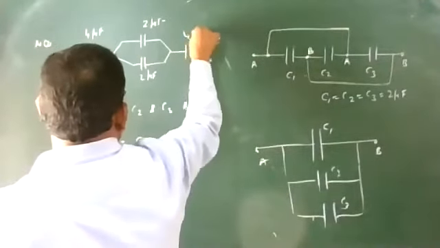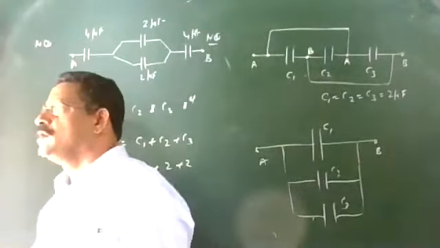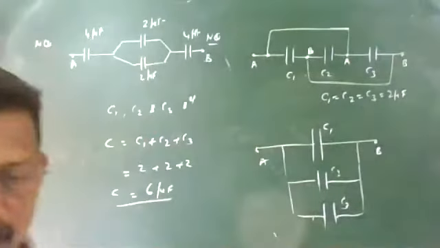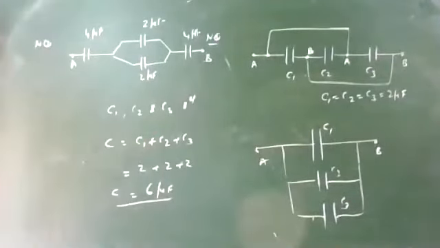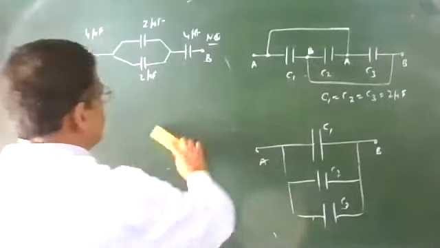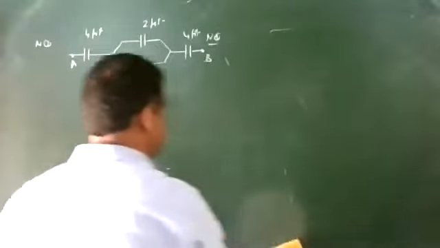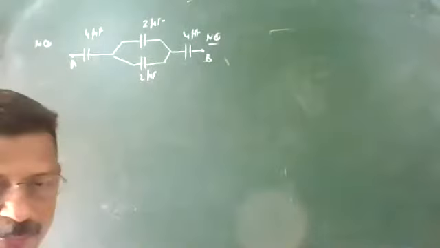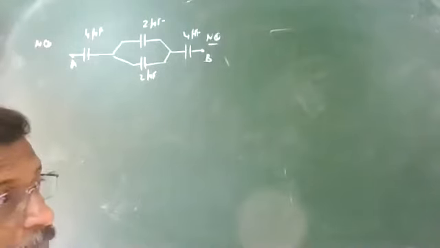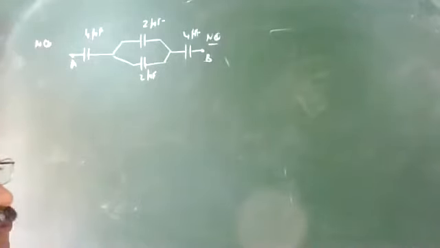You have to travel from A to B. If you find different ways, simplify them first. The answer is 4 by 3 microfarad.